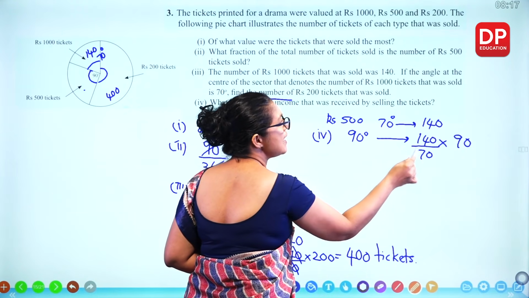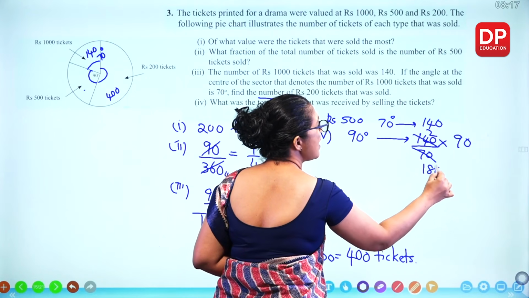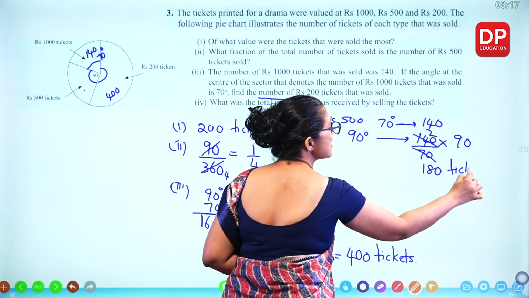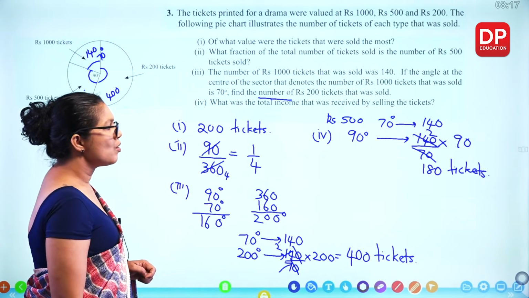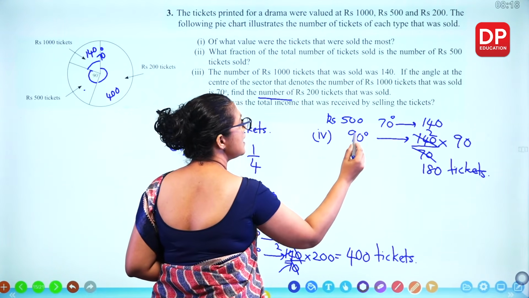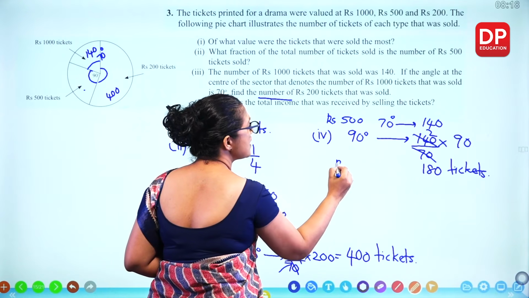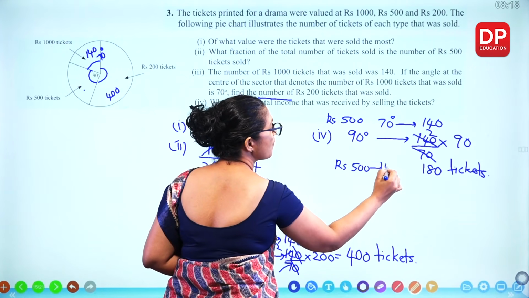Here we see 70 times 2, 2 times 90, 180 tickets. So altogether, how many tickets sold? 180 500 rupee tickets.